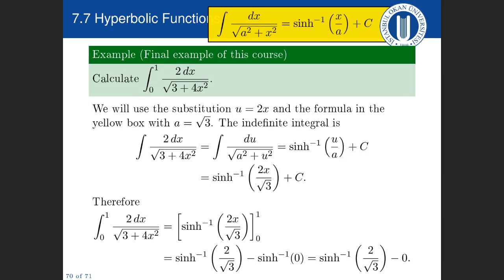And then the definite integral is inverse sinh of 2x over root 3 calculated at 1 and 0. Which is inverse sinh of 2 over root 3 minus inverse sinh of 0. The second one is 0, so this is inverse sinh of 2 over root 3.